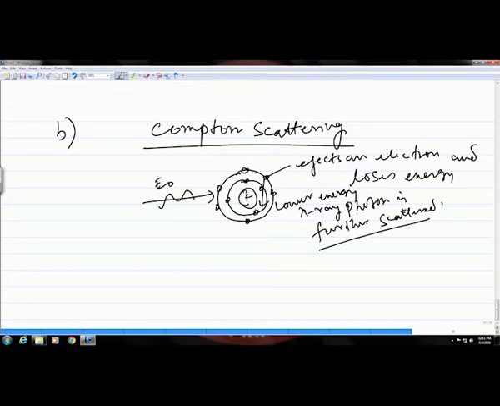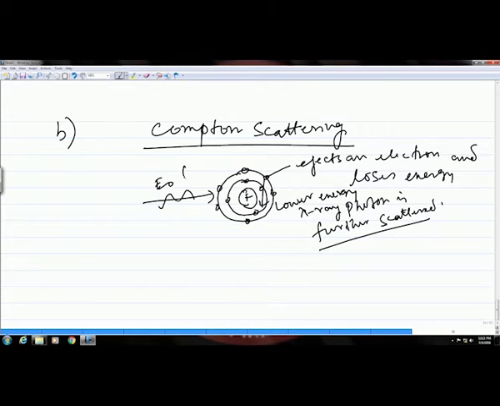So, here two different phenomena simultaneously are taking place. First, the ejection of the electrons, and due to that process the X-ray photon loses some energy, and that lower energy photon is further scattered by the atom.